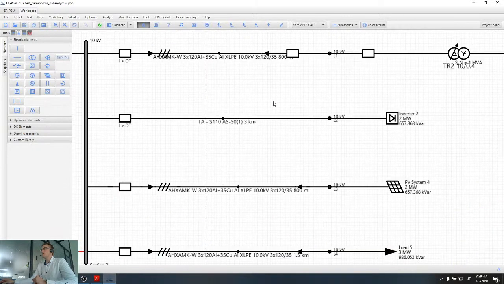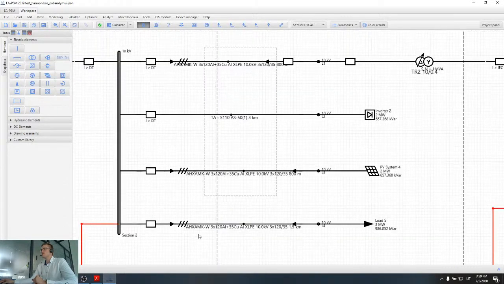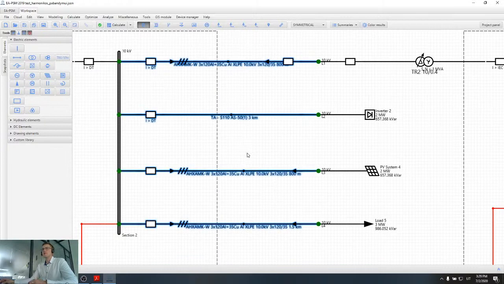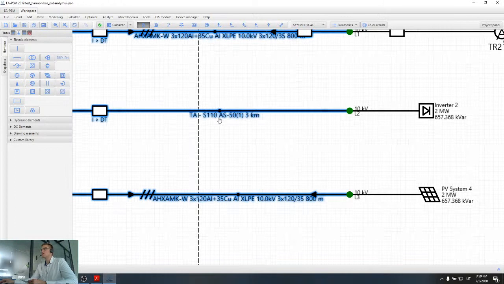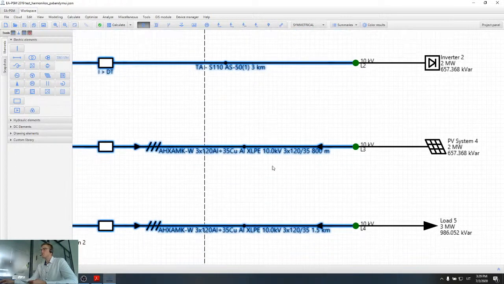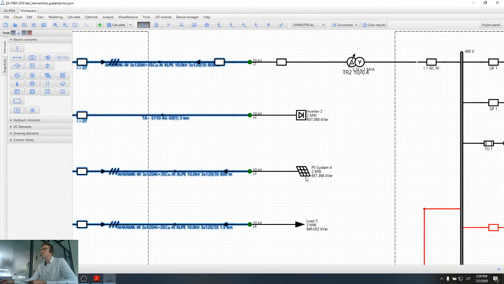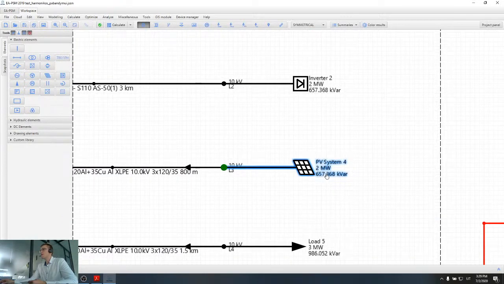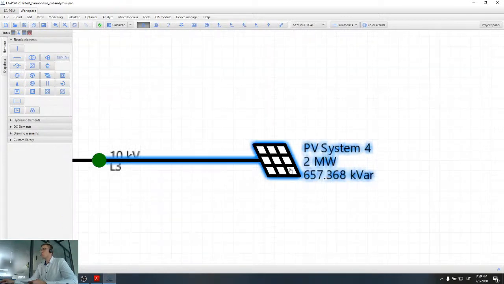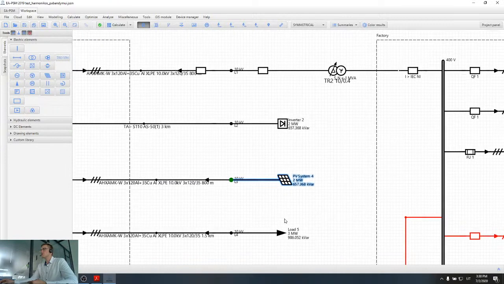Then we have a distribution network which is actually constructed of different types of lines. So we have overhead lines, for example a 3 kilometer overhead line here. Also we have cables, 800 meters, 1.5 kilometers, and different equipment connected. For example, here we have a 2 megawatt solar power plant, which is also a harmonic source.